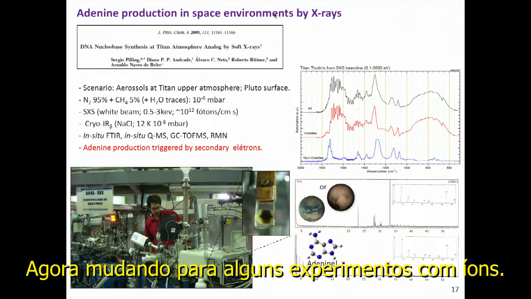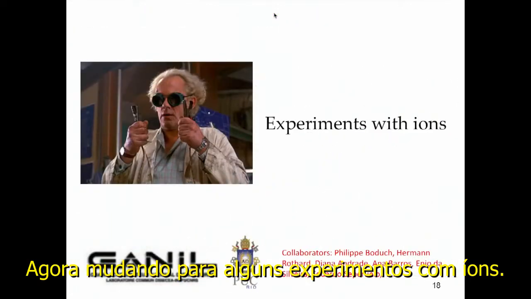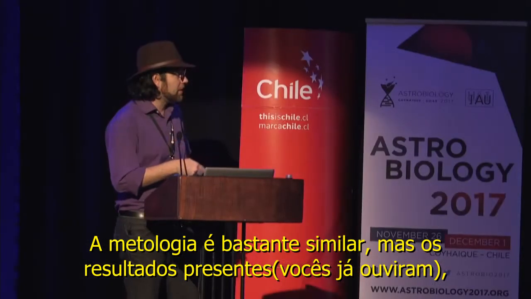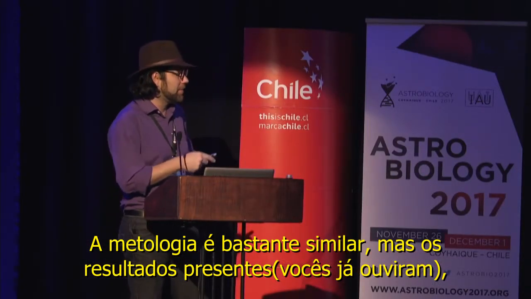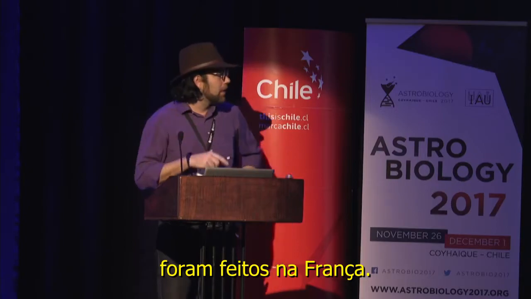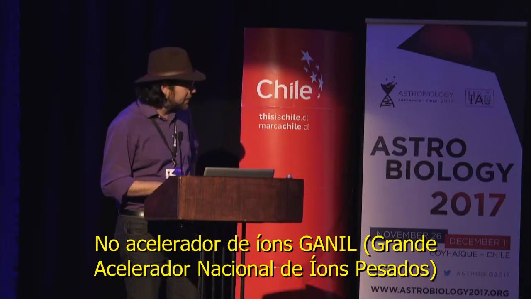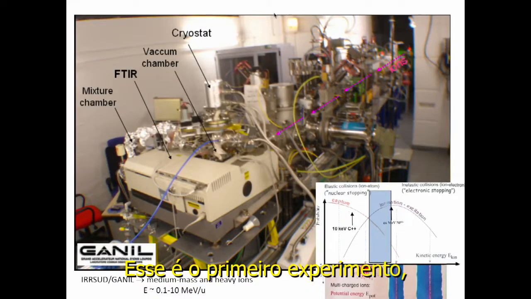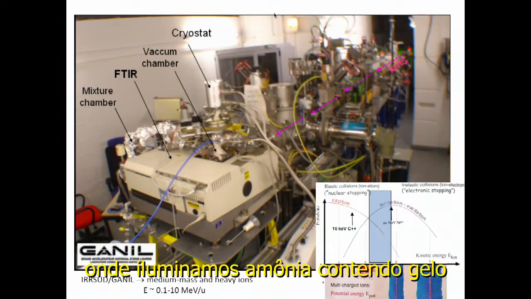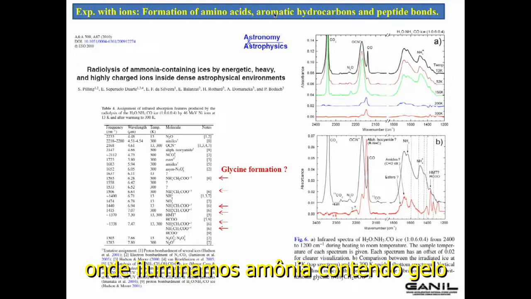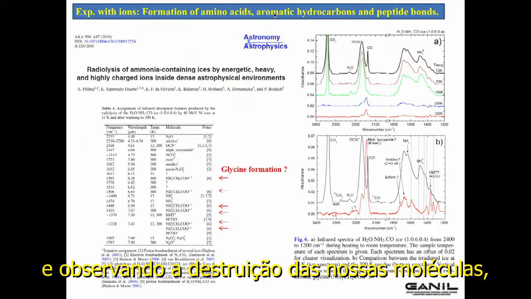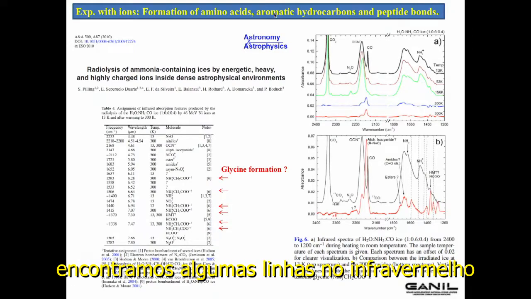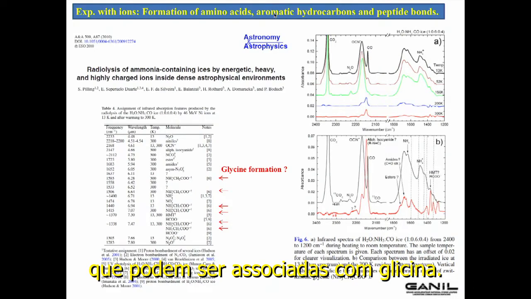Okay, now moving to some ion experiments. The methodology is quite similar, but the result I'll present here was done in France at the GANIL ion accelerator with my colleagues. In this first experiment, we illuminate ammonia-containing ice, and we observe the destruction of the parental molecules, but there are some lines in the infrared that might be associated with glycine.